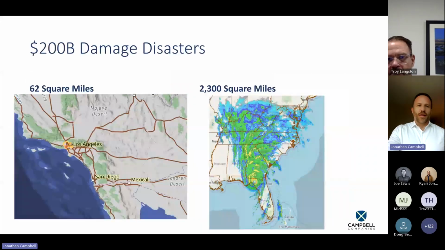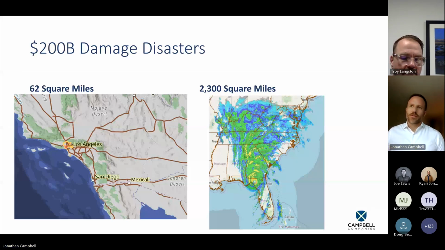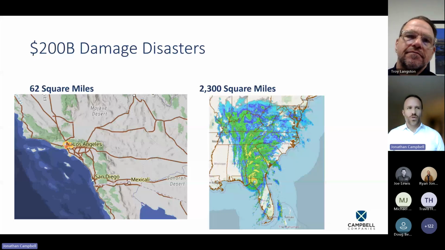So when you look at the damage, one thing that's really interesting is you have two natural disasters that are both $200 billion plus in damages. The LA fires were over 62 square miles, while Hurricane Helene was spread over 2,300 square miles. So it's not to say that one was worse than the other.